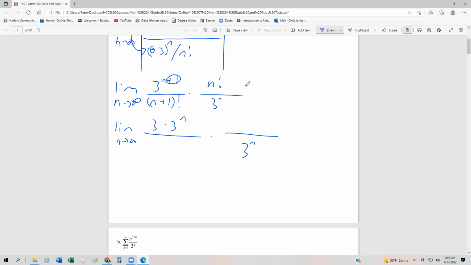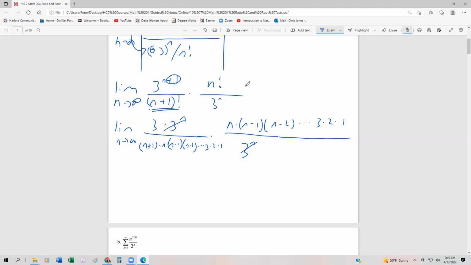N factorial is n times n minus 1 times n minus 2, all the way down to 3, 2, 1. That's our definition of n factorial. And then n plus 1 factorial is going to be n plus 1 times n times n minus 1 times n minus 2, all the way down to 3, 2, 1. And now we can cancel some things out.